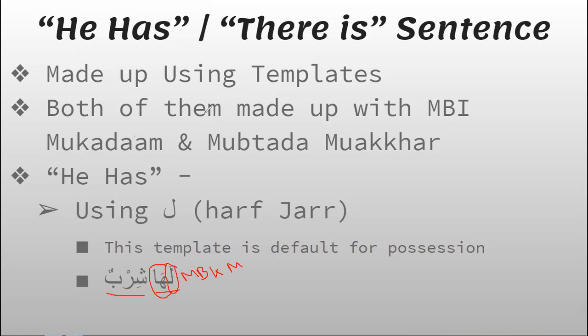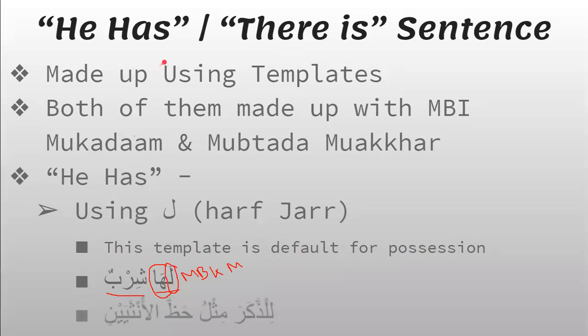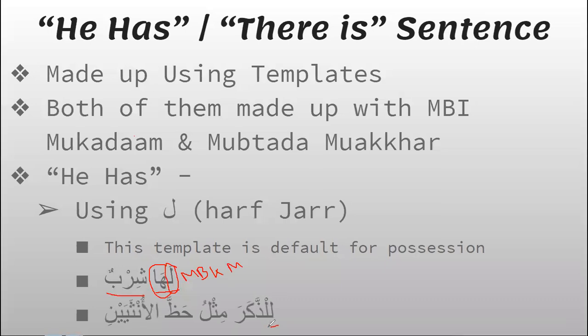Or you can see this example: lildhikra. Whenever lam comes as the first word of the sentence as muta'alliq bil khabar muqaddam, they will translate it as has. He has, not for, but has or owns.